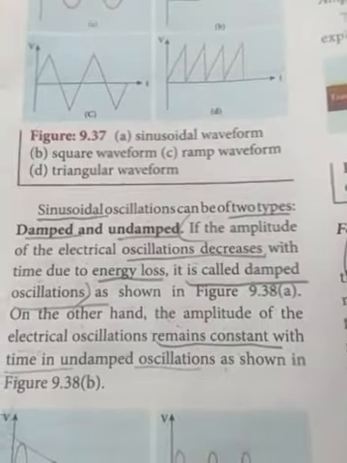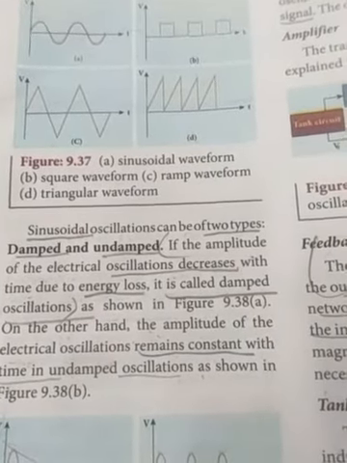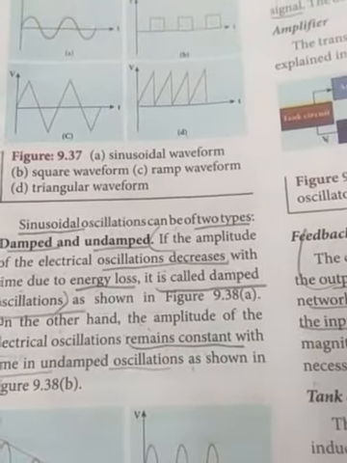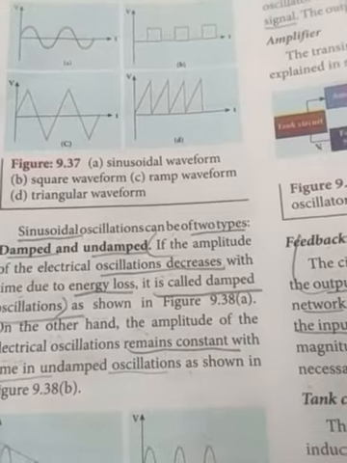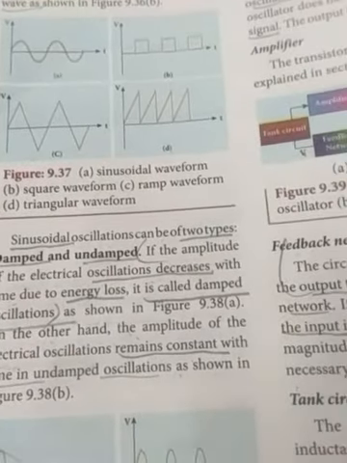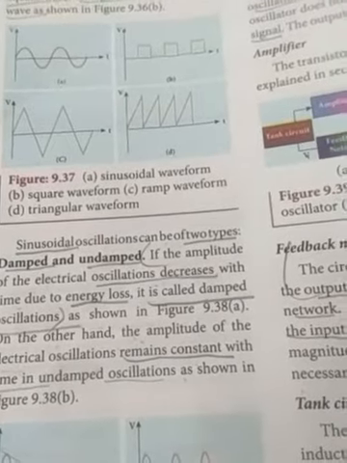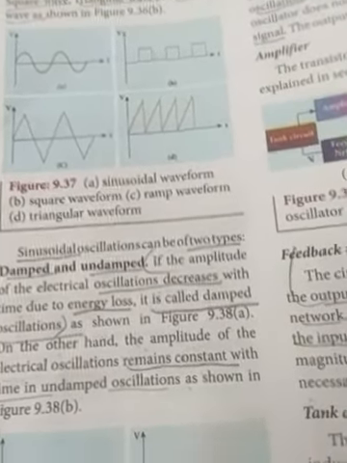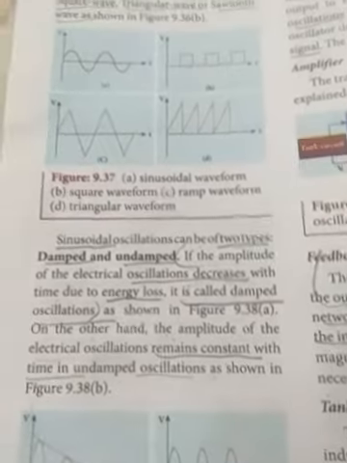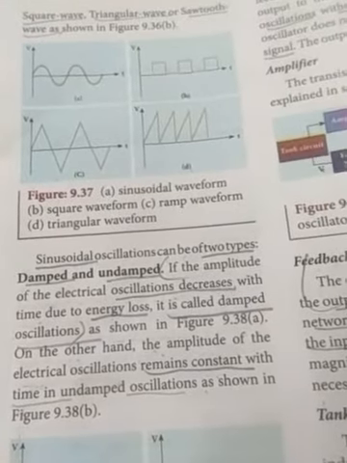Now a sinusoidal oscillator can be of two types: damped and undamped. What is damped?